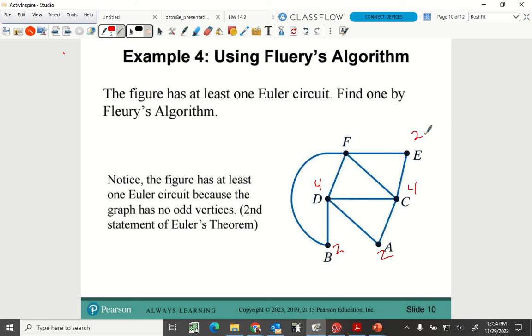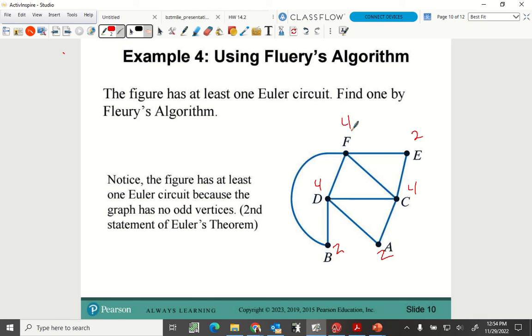F is 4. So it's going to be a circuit, right? Because there are no odd numbers. They are all even. So according to the rules that we had, this one is going to have at least one circuit.